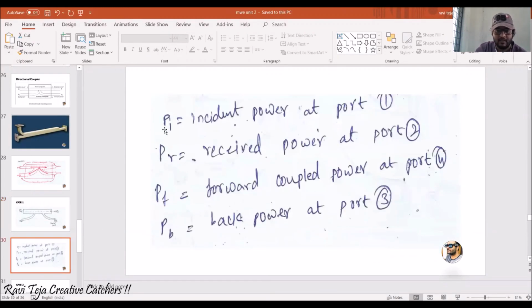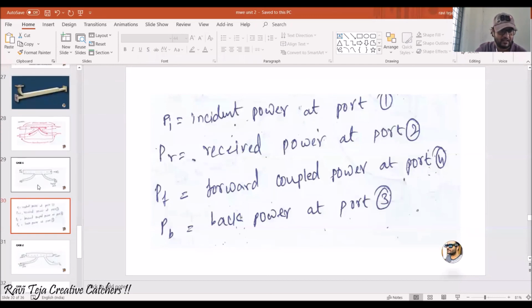So PI is incident power, PR is received power, PF is forwarded or coupled power, and PB is the back power. It depends on which port you are giving input from. If the input comes from the left side, the forwarded, back power and received power ports change. If the input is given from the right side, the ports will again change.